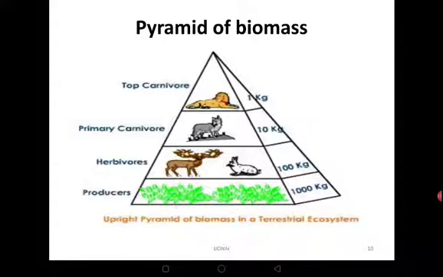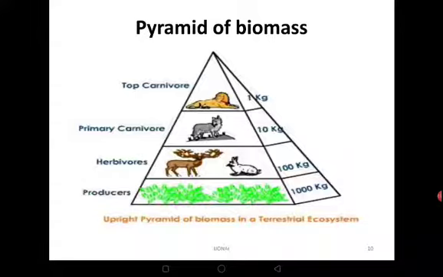As you can see from there, the producers are weighing more than the herbivores, and the herbivores are weighing more than the primary carnivores, which are the secondary consumers, which are subsequently weighing more than the top carnivore.